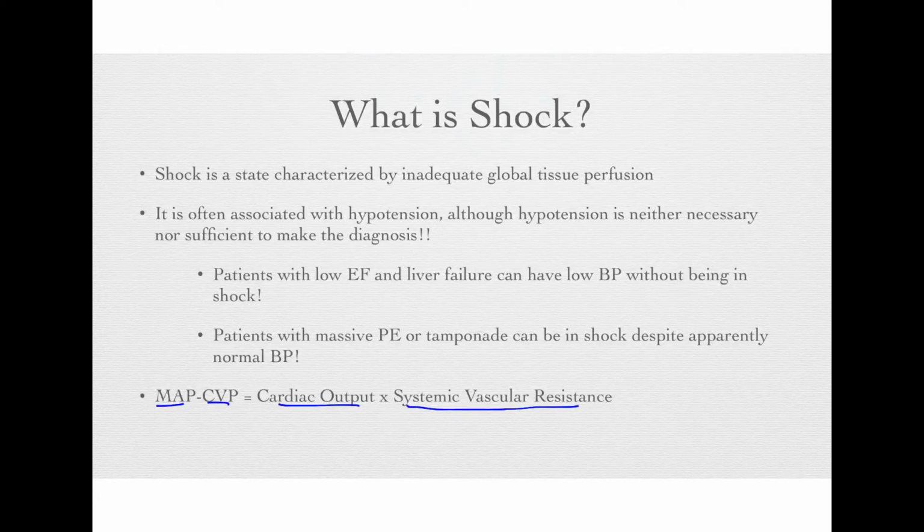So we have that decreases in the mean arterial pressure are either likely due to a decrease in the cardiac output or a decrease in the systemic vascular resistance, which is related to the smooth muscle tone in the arterioles.